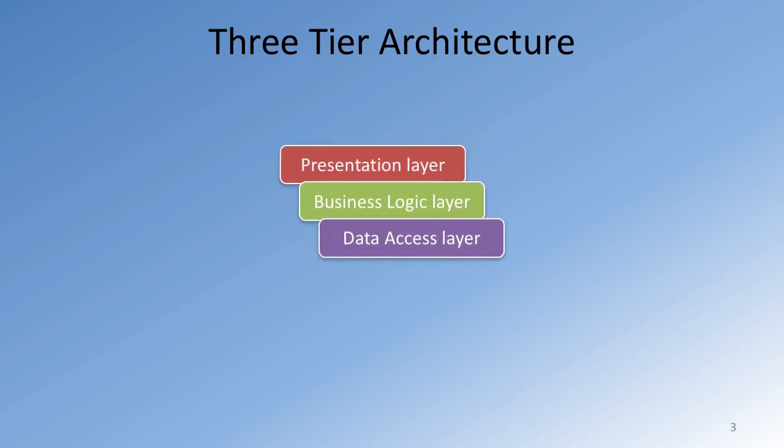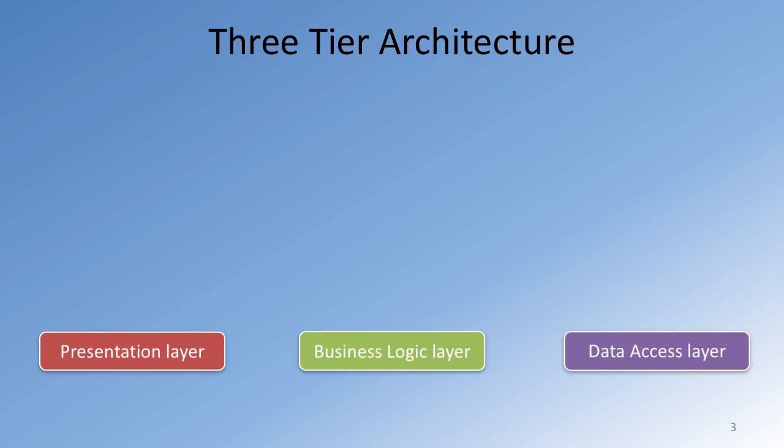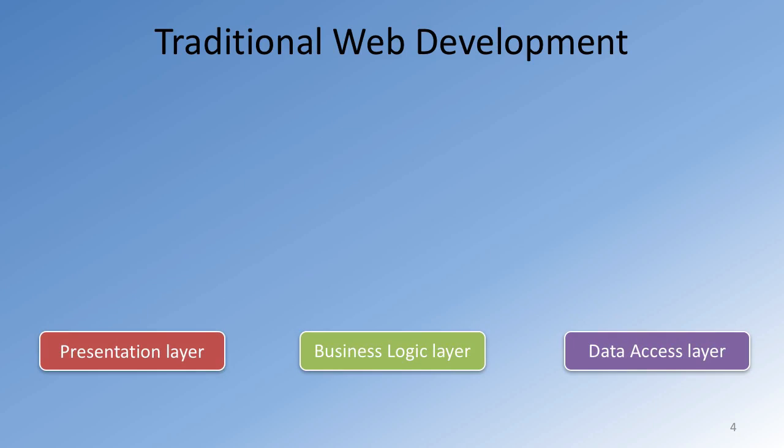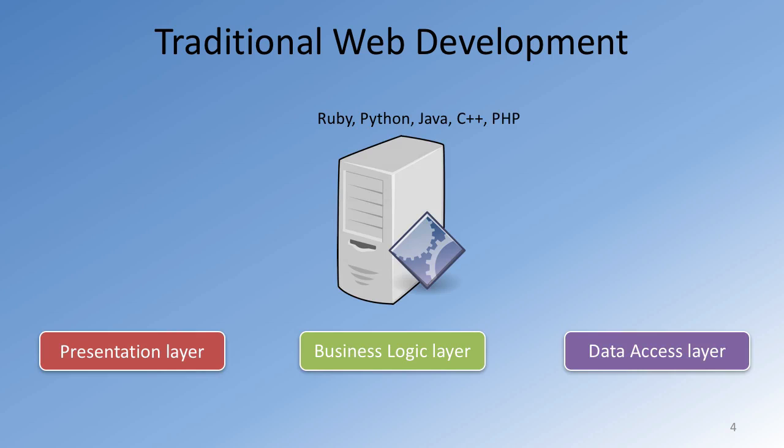Exploring this further, let us see what is implemented typically in the traditional web development in each of these three layers. The business logic layer is usually implemented these days using technologies like Ruby, Python, PHP, Java, C++, or ASP.NET.